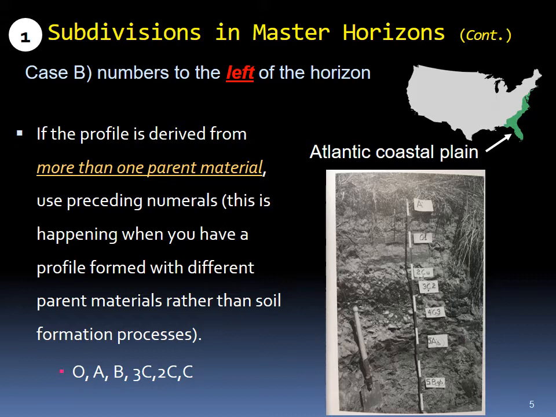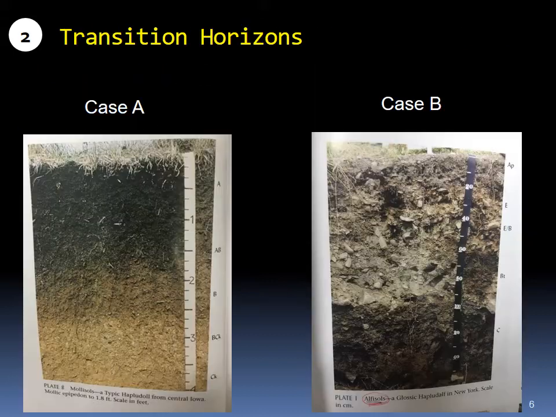At that time, all of this soil was fully saturated, inundated with water. So you can see how the numbers to the left can tell us the history of the soil, and that each number is a different parent material.